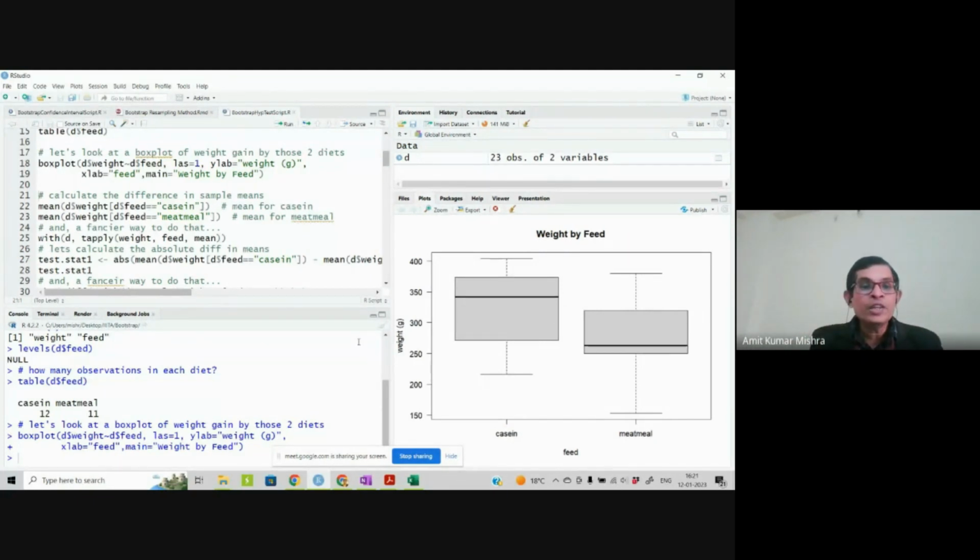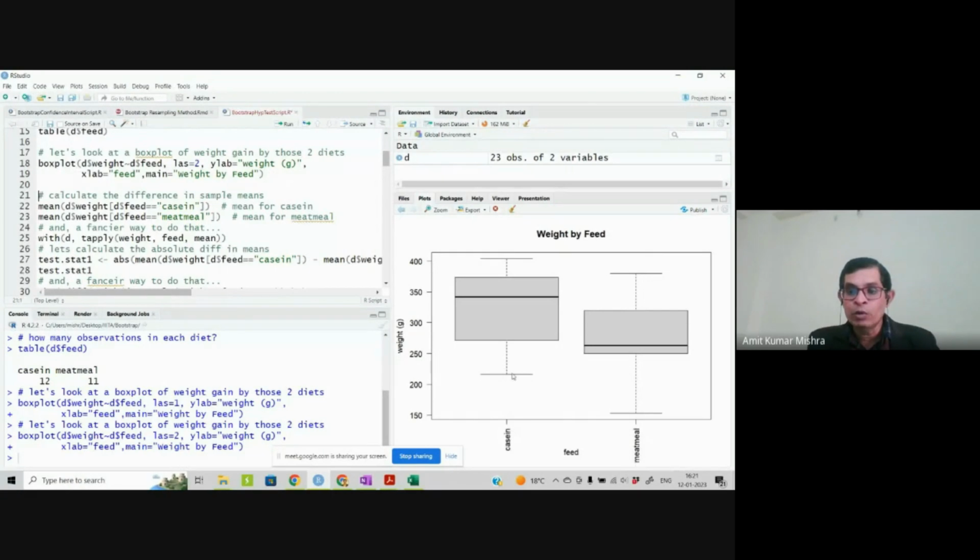If I change las from 1 to 2, just 1 to 2, and run this command once again, you can see casein and meat meal are now written vertically. This is the difference between las equals 1 and 2. So it depends upon how you want your output. In this case, of course, las 1 will work better.